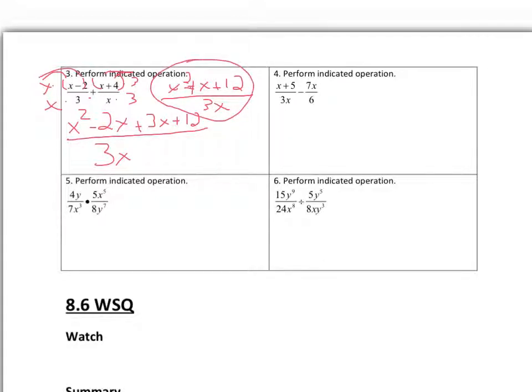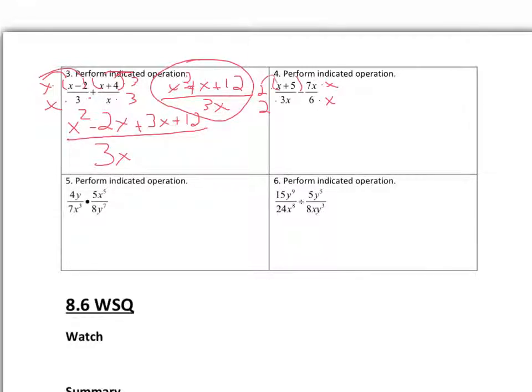Go ahead and pause the video and try number 4. On number 4, we need a common denominator between 3x and 6. 3 and 6, we need a 6, and then on the second fraction, we don't have the x. So over here, we need times 2, and again, the top is in parentheses, and then on the other side, we need an x.